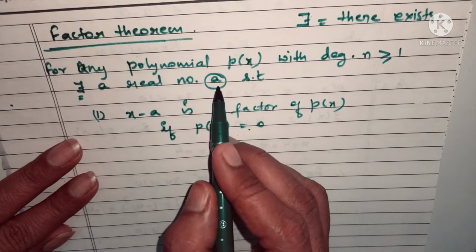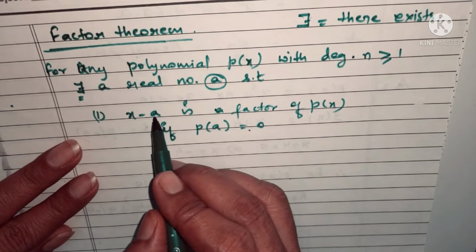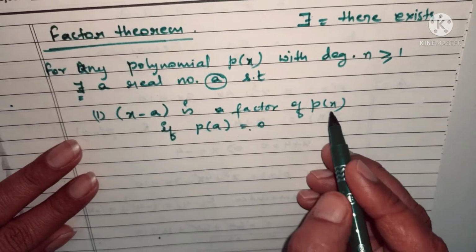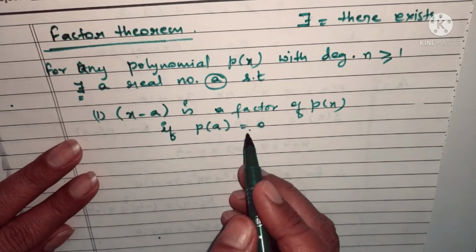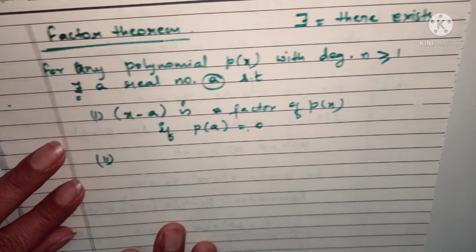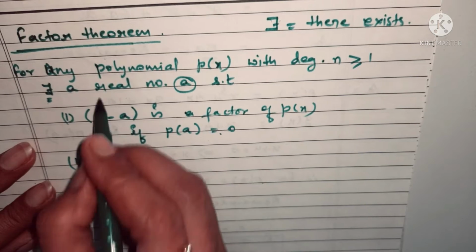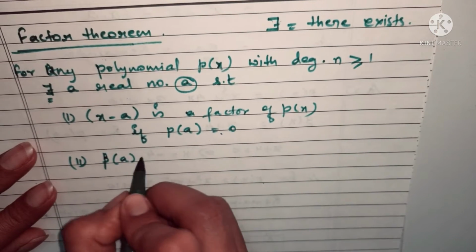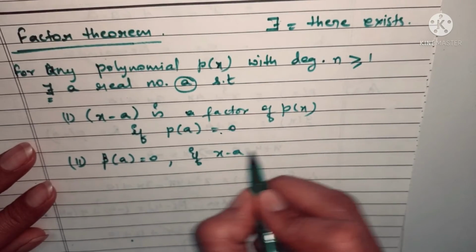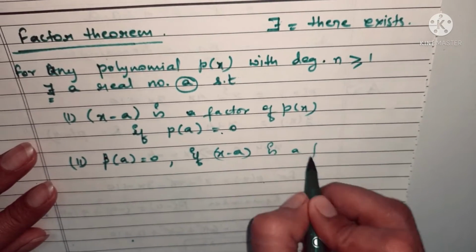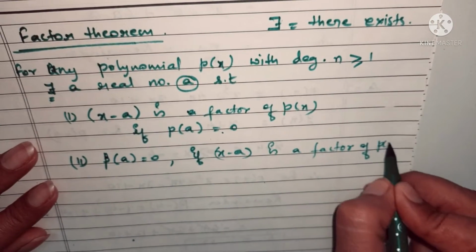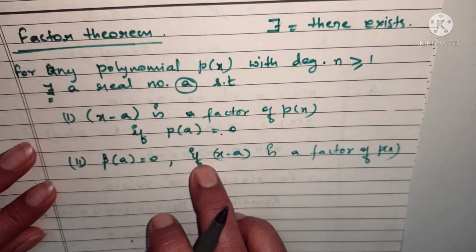That x minus a, this a being a real number, x minus a is a factor of p(x). It means that this will become a factor of the polynomial if p(a) becomes equal to 0. And the second part is that p(a) equals 0 if x minus a is a factor of p(x). Just the opposite of this.